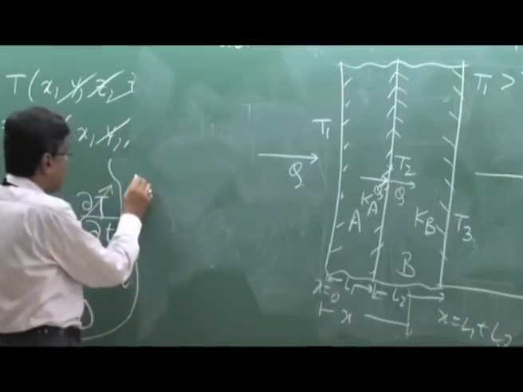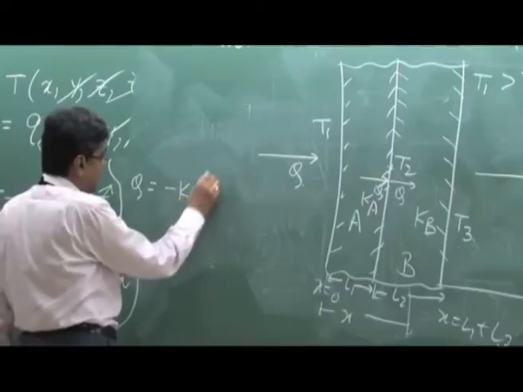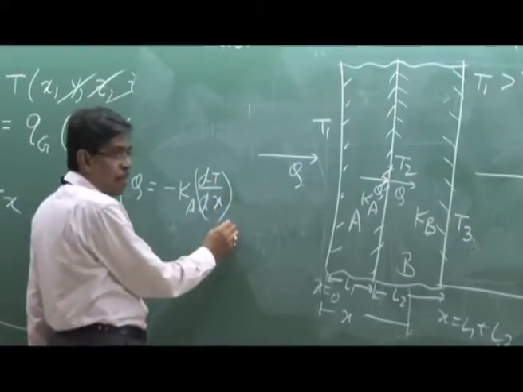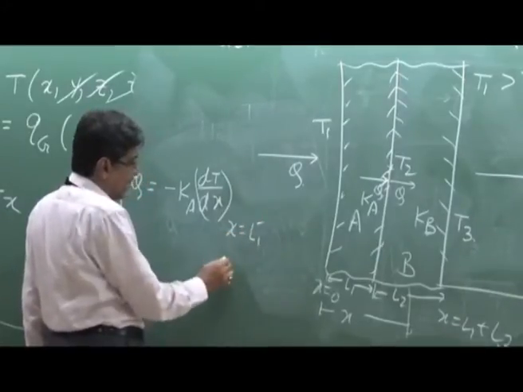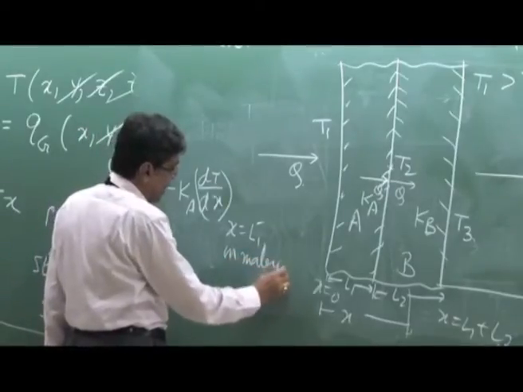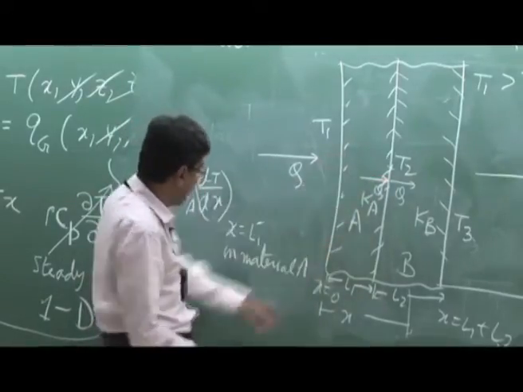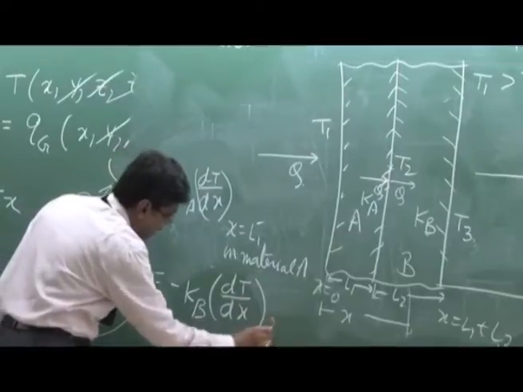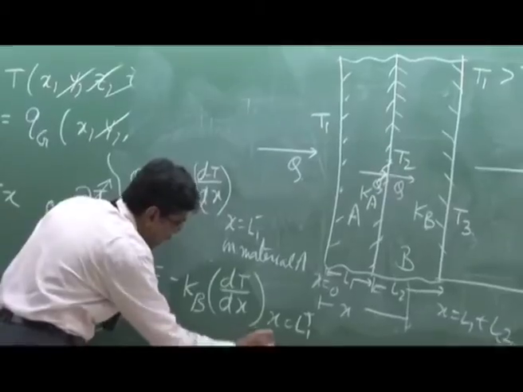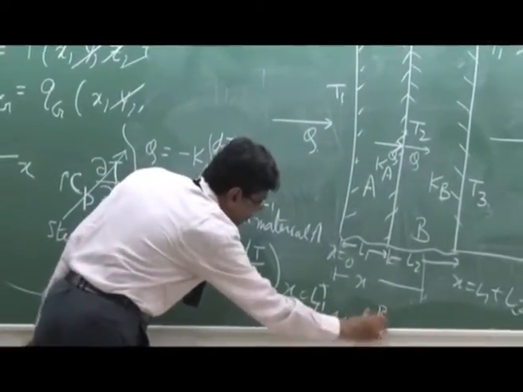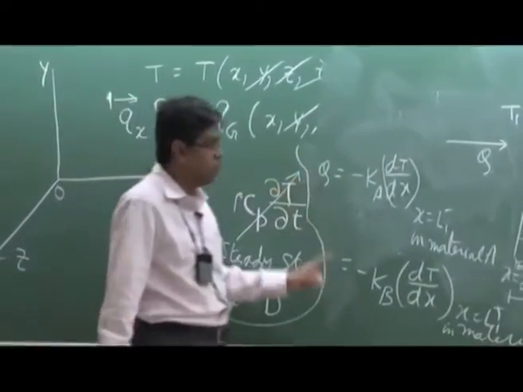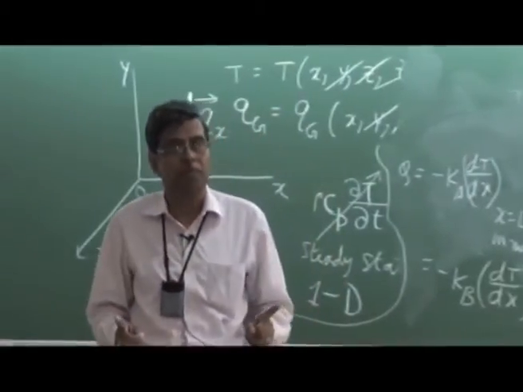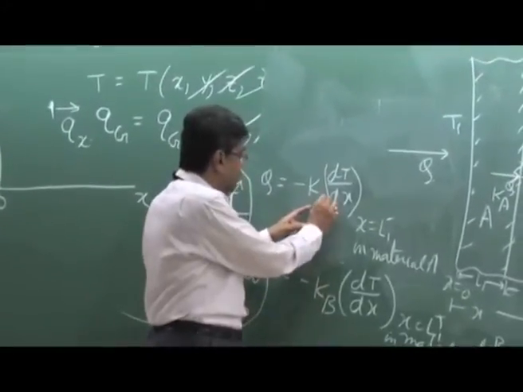So one can write Q is equal to minus Ka dT/dx in material A. That means mathematically I write at x equals L1 minus, in material A, must be equal to minus Kb into dT/dx at x equals L1 plus, in material B. Now we see, since the heat continuity will be there, heat balance, K times dT/dx has to be constant, which means there is a discontinuity of the slope, and the slope is inversely proportional to the respective thermal conductivity.